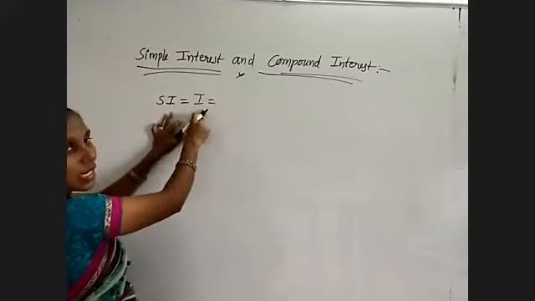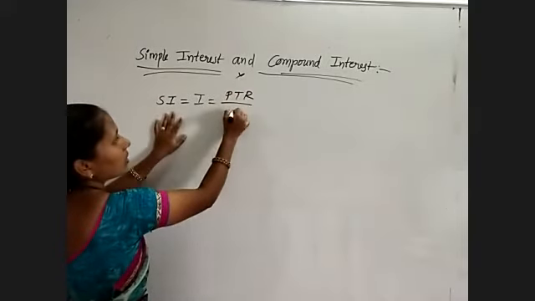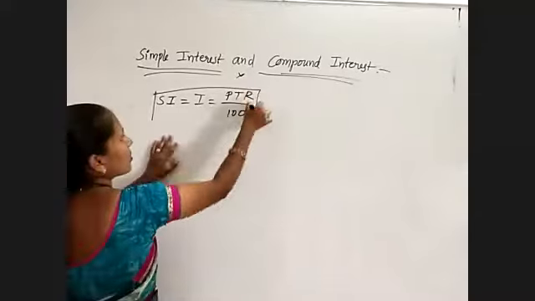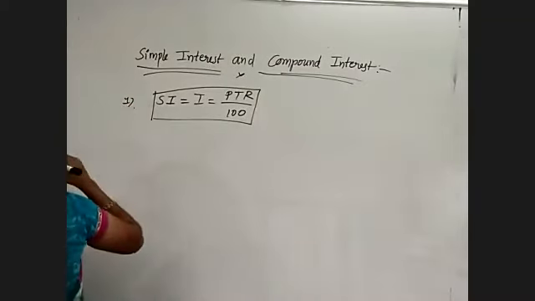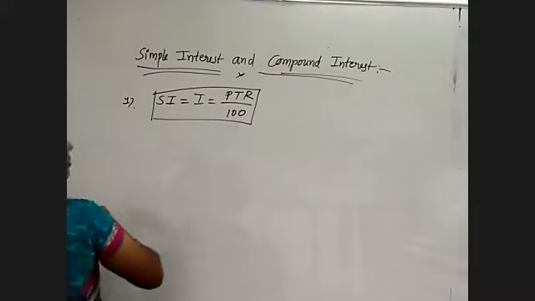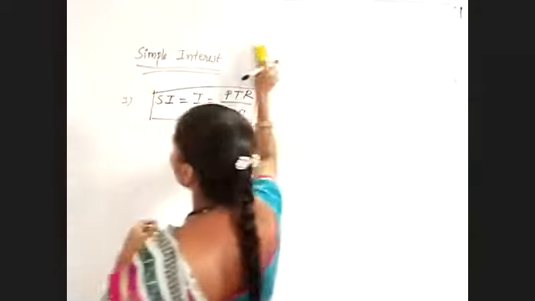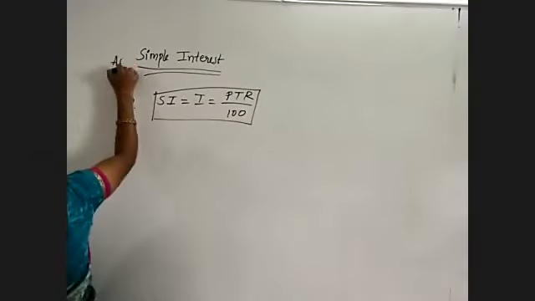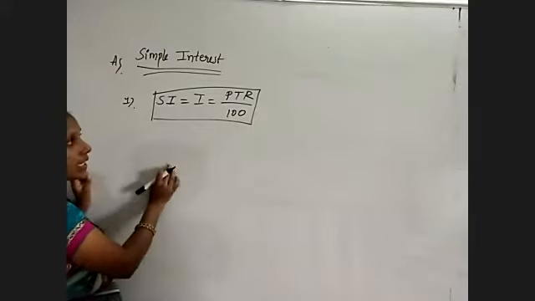Simple interest or interest is equal to PTR by 100. So first let us take these formulas, compound interest afterwards I'll tell you. Simple interest or interest is equal to PTR by 100.